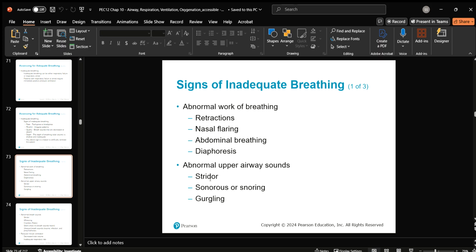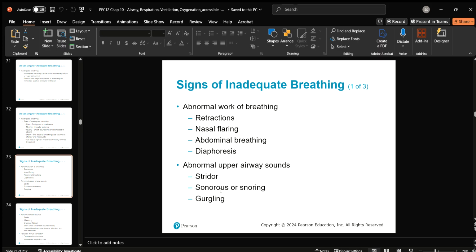Here we talked about abnormal airway sounds. Stridor. What did we say stridor was? The constriction of the larynx. You might see this word. Sonorous means snoring. I get it, it's a lot easier to say they're snoring, but your national registry is going to have a lot of these medical terms to check and see if you learned these throughout the course.